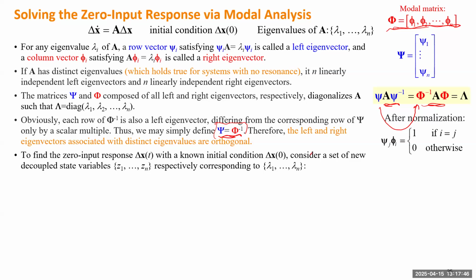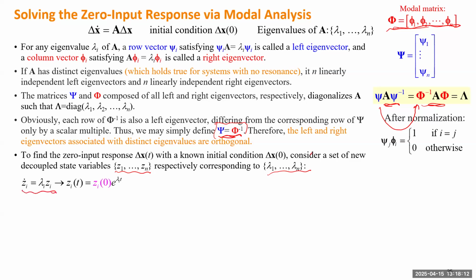But if we can find new coordinates on the state space, we can find a set of decoupled state variables. We just call them Z1 to Zn. And we hope that Z1 to Zn will correspond to lambda 1 to lambda n, respectively.